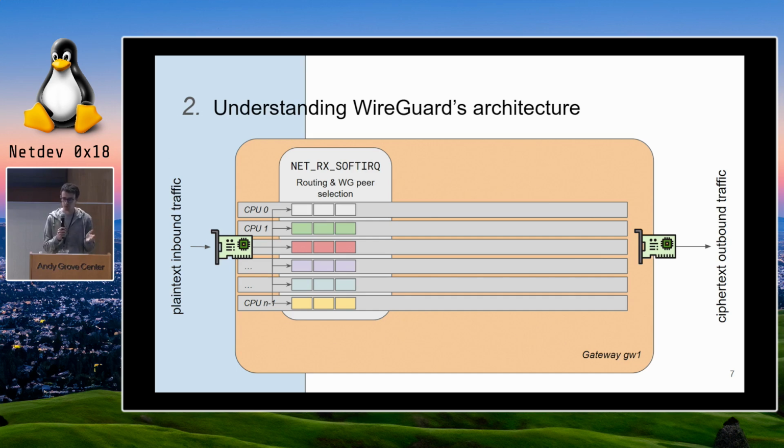The first one is, unsurprisingly, the usual NetDev software queue that Linux uses to first receive the packets. And in this picture, I'm also assuming a technology such as RSS, receive side scaling, to spread the incoming packets over the multiple available CPUs.